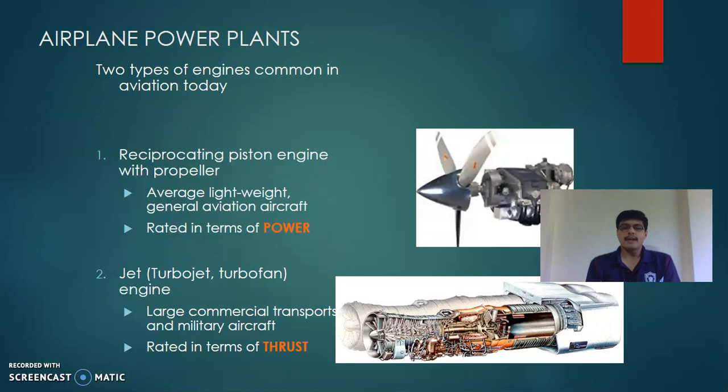Now look at the power plants, at how these drag induced and lift induced thrusts are delivered. You have mainly two types of engine common in aviation. One is the reciprocating piston with propeller, which means it works on the principle that the reciprocating piston drives the propeller.